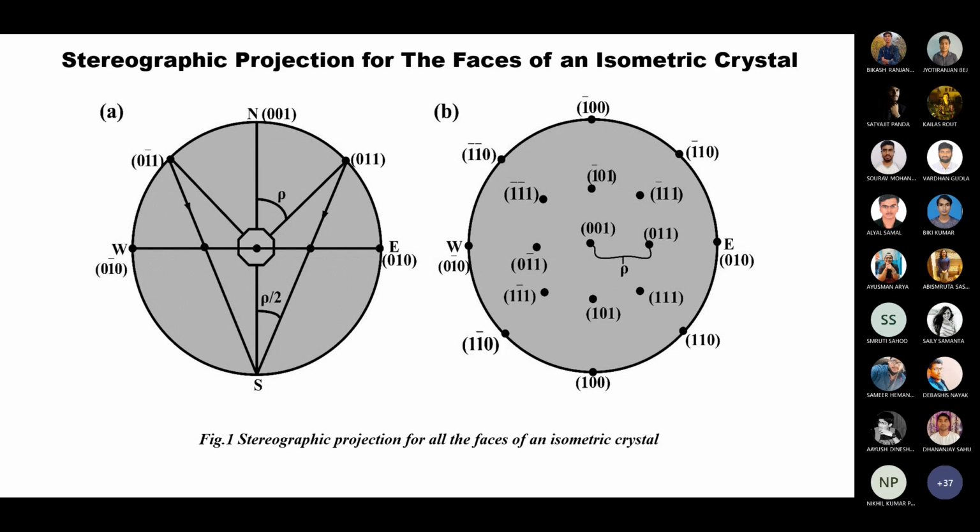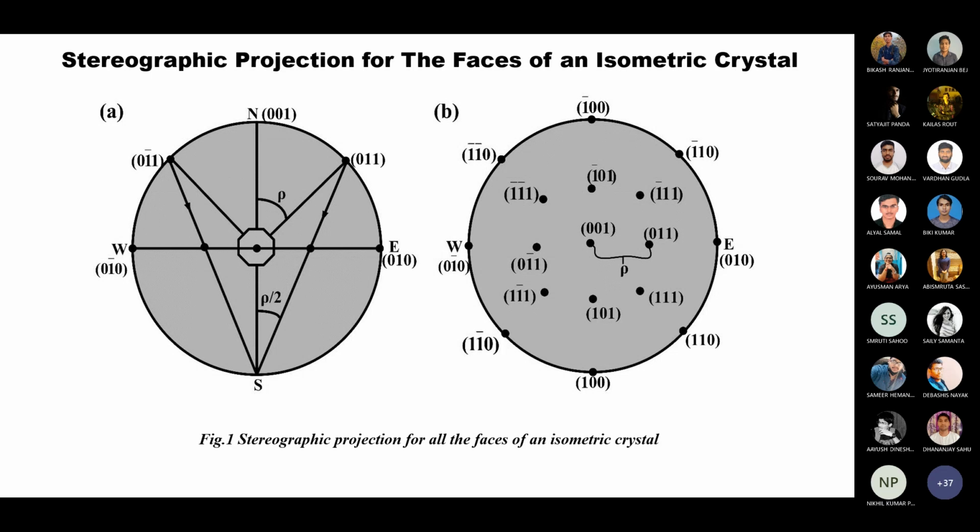And then if you go to the lower side, that is 1, 0, 0, this is the x direction, and just opposite to that x, the upper point, is the direction 1 bar 0, 0, meaning -1, 0, 0.